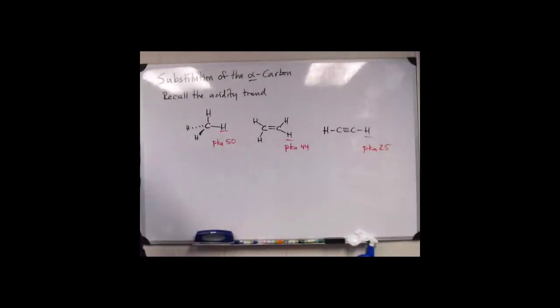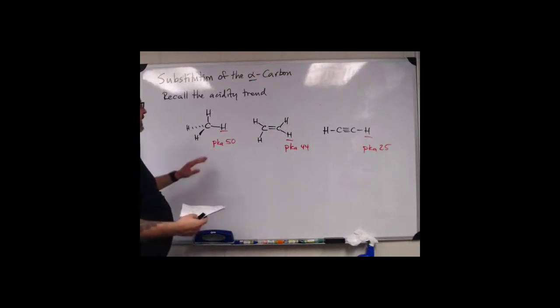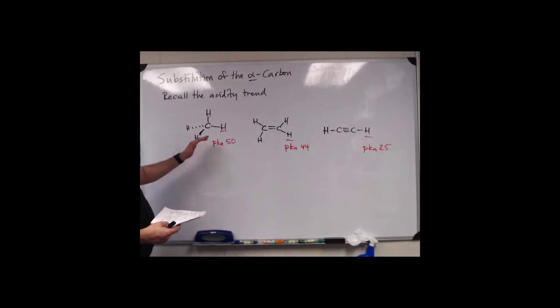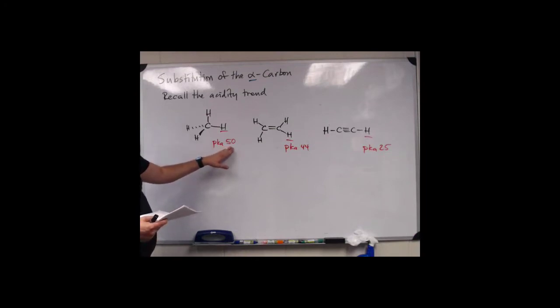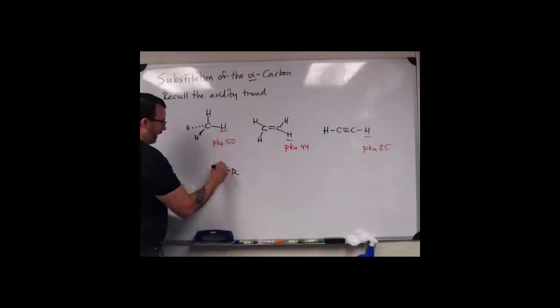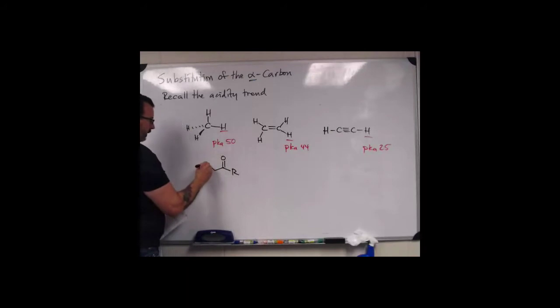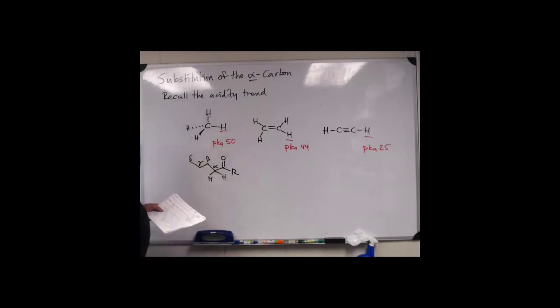So why am I bringing this up? So remember that the larger this number, the less acidic the CH bond. So if we examine that general compound that I had on the prior whiteboard, again, R can be pretty much anything. Here's the alpha carbon.